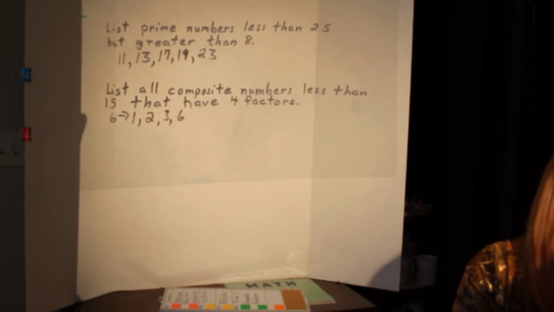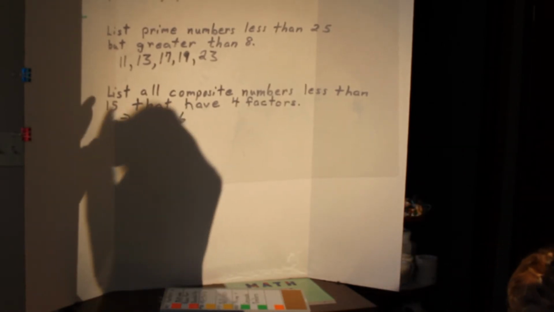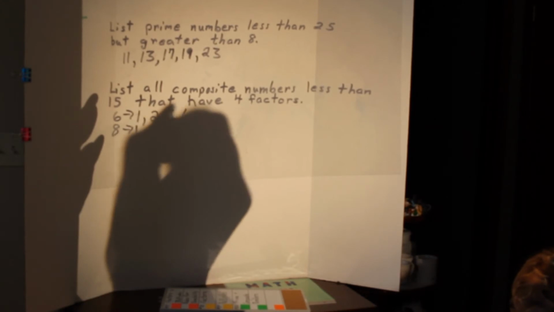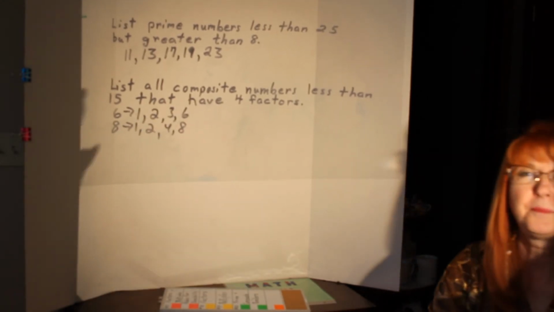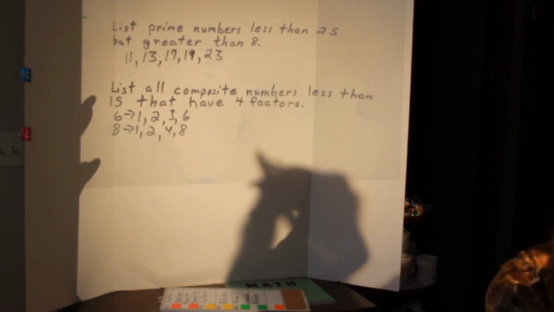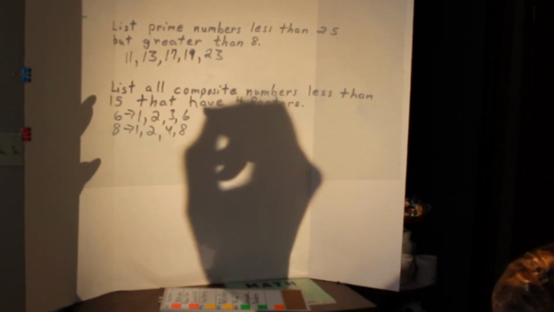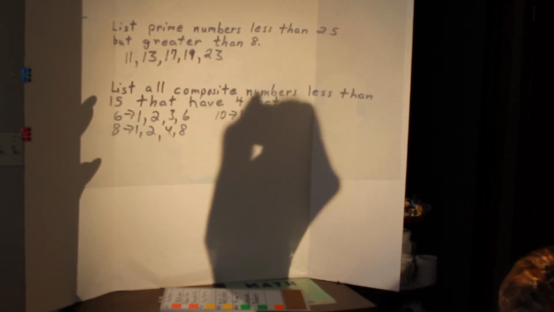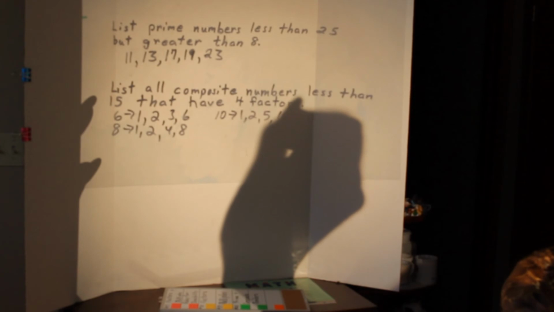We're looking at composite numbers here. So 8, 1, 2, 4, and 8. Let's see here. 9 is 1, 3, and 9. No, that won't work. 10, 1, 2, 5, 10.